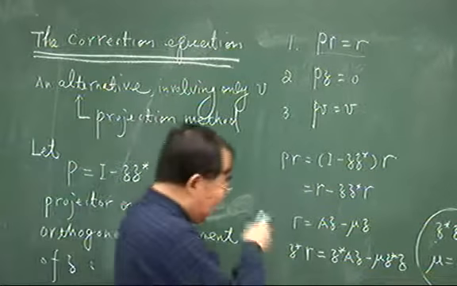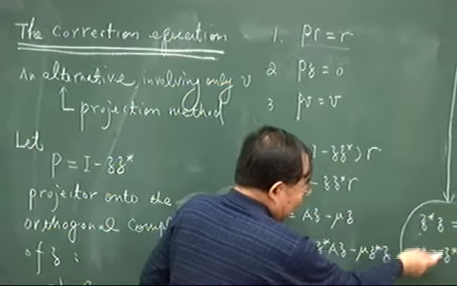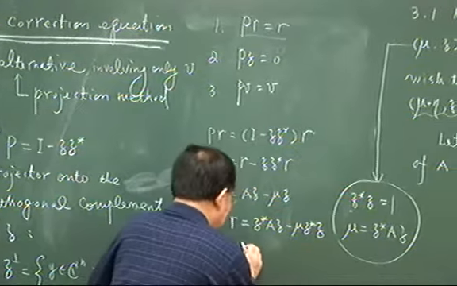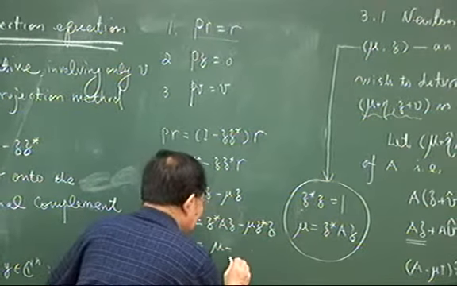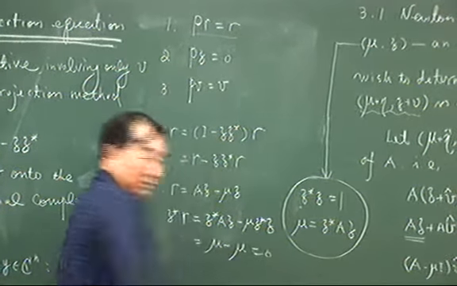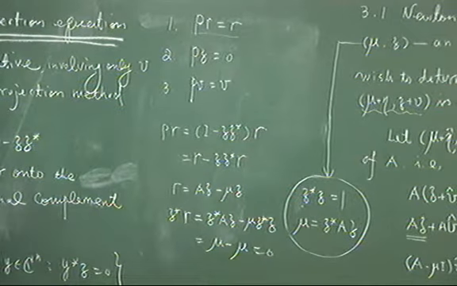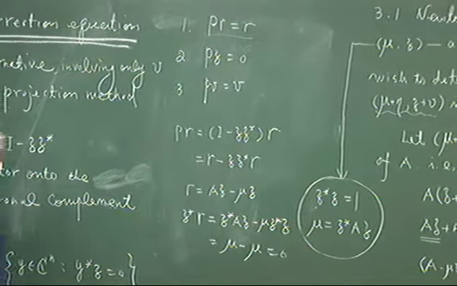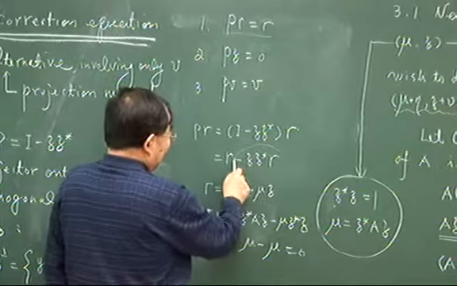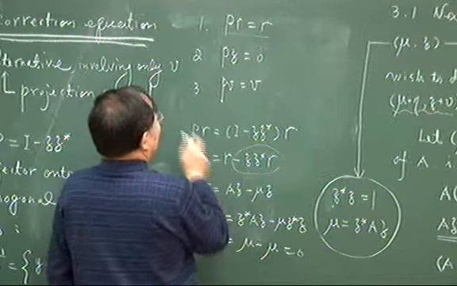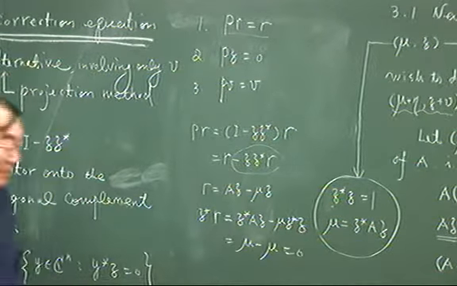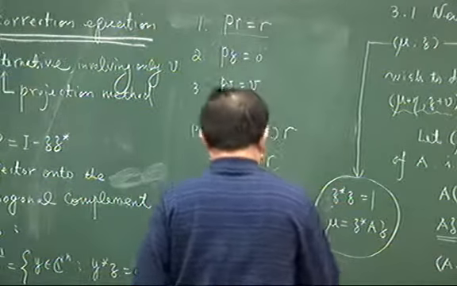We have assumed that z* z is equal to 1, and z* A z is just μ, so this is μ minus μ, equal to 0. So this is just equal to R. That is very simple.